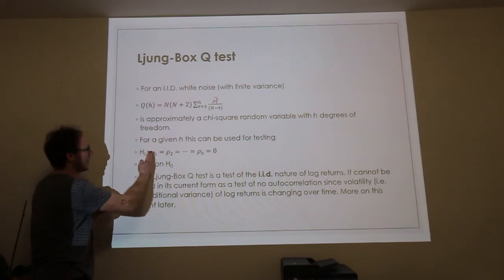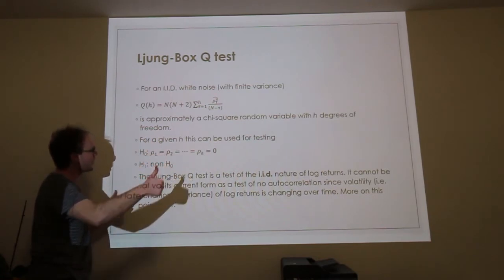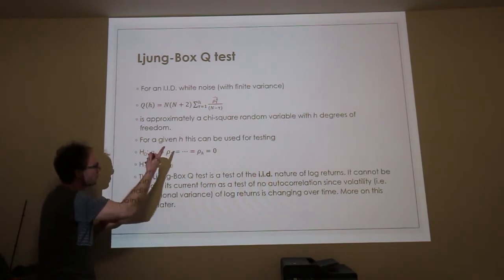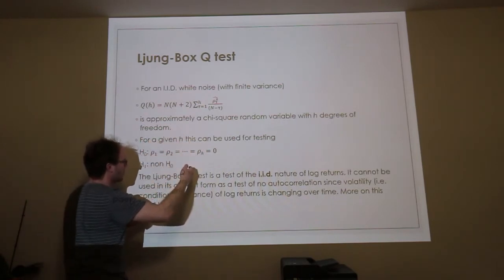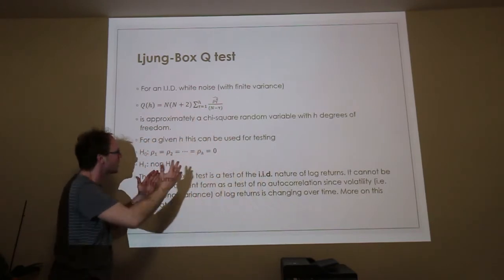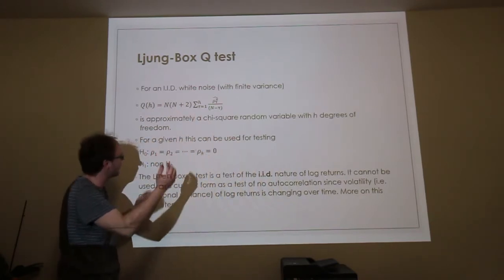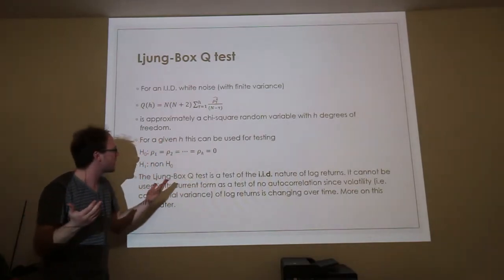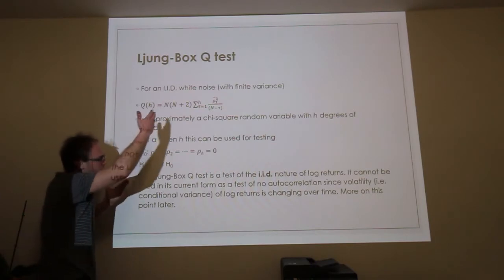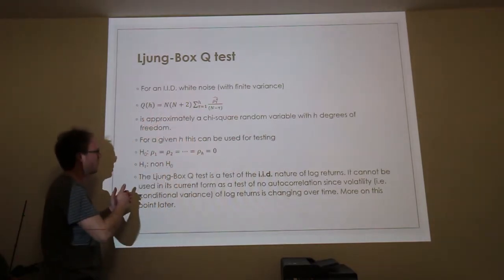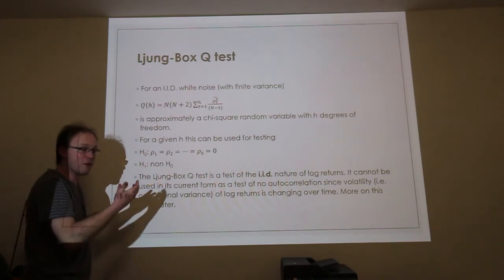The first correlation coefficient is equal to the second, and this is equal to the third, etc. So all correlations are equal, so there is no dependence, there is no serial correlation between the values.